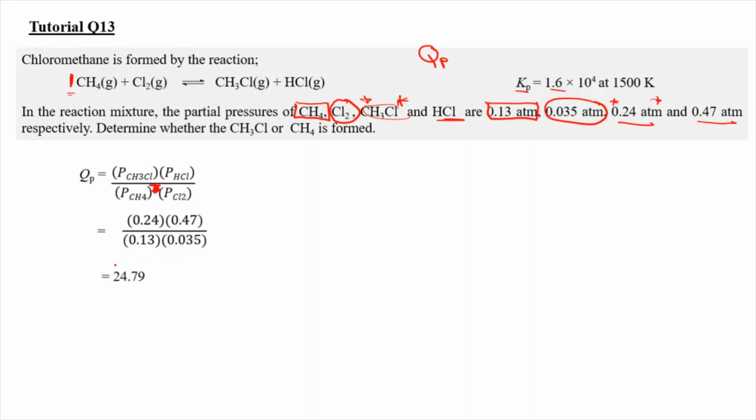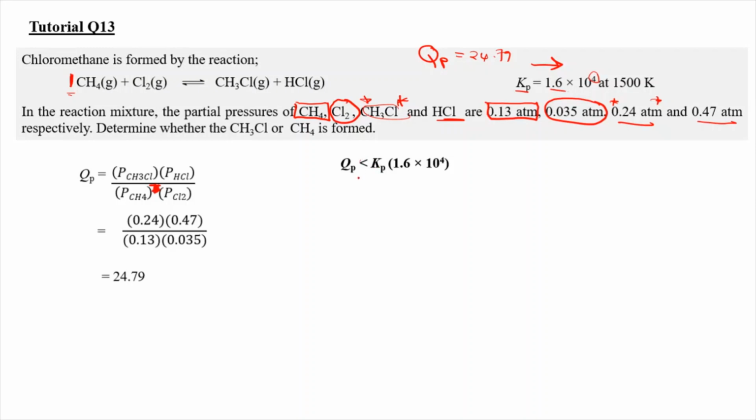Okay, so once you do the maths here, you're going to get your QP to be 24.79. So your QP is 24.79, but then your KP is 1.6 times 10 to the power of 4. So you know that your QP is lesser than your KP. Okay, and for that reason, the equilibrium is going to shift to the right.